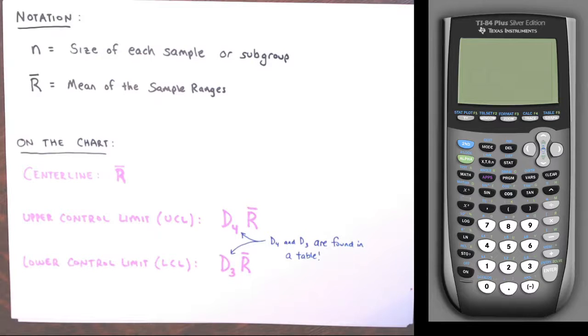So making these by hand, I wouldn't recommend. You can do it; it's not impossible. But I would recommend using some sort of technology, whether it be a calculator or Excel, Google Sheets, Minitab, SPSS, StatCrunch, programming in R, whatever. There's lots of technology out there that'll enable you to make charts like this.